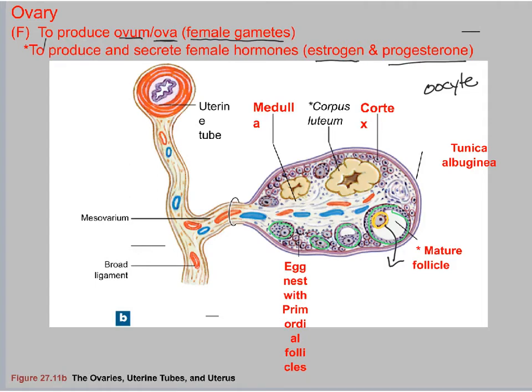So let's go back a step here, and I'd like to draw your attention to the regions of the ovary. And kind of like we've seen before, it's got an outer region that we call the cortex. We saw that in the kidney, right? And then there's the inner region, which would be referred to as the medulla.